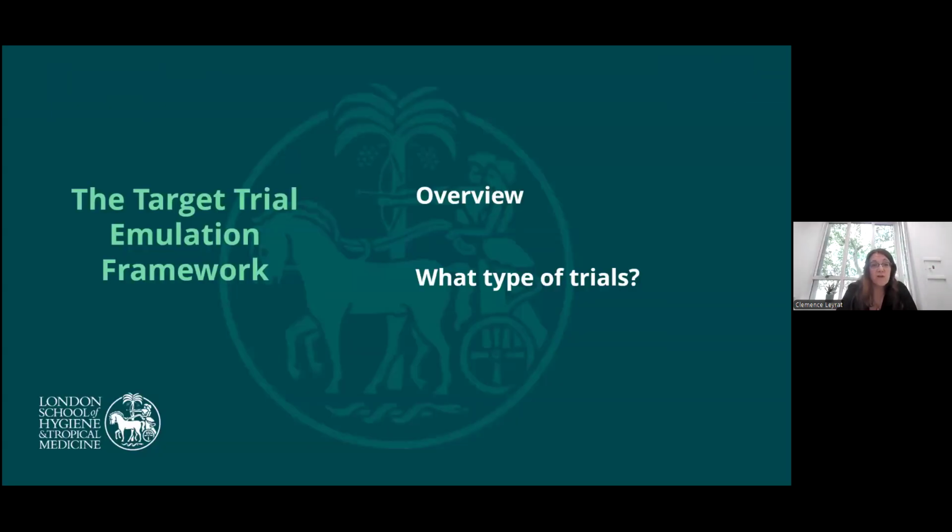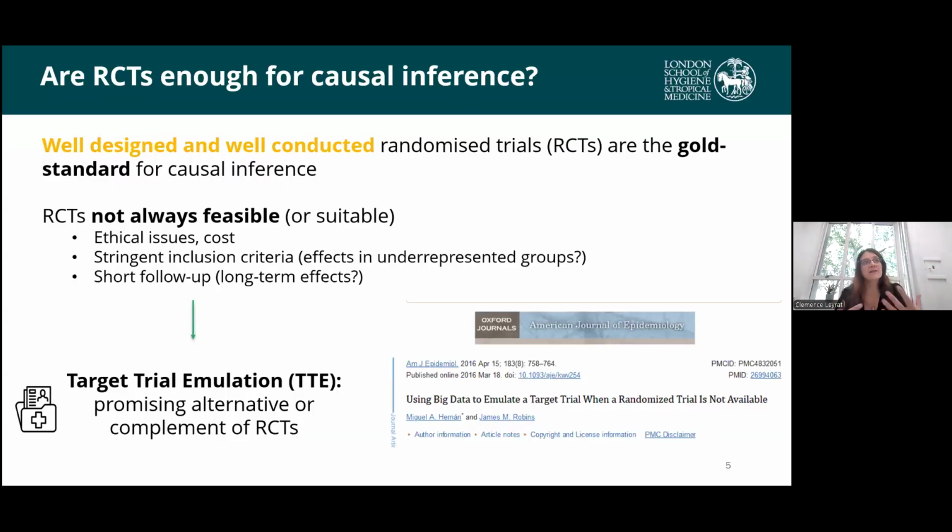First, the target trial emulation framework comes in this context of causal inference. As you know, often we consider that well-designed and well-conducted trials are the gold standard for causal inference. Of course, not all trials are well-designed and well-conducted. But in practice, trials are not always feasible or suitable, sometimes for ethical reasons or because of their costs.